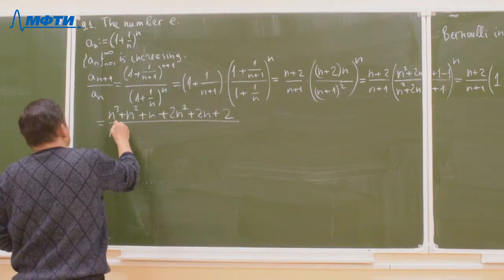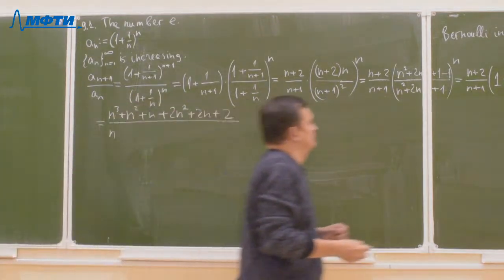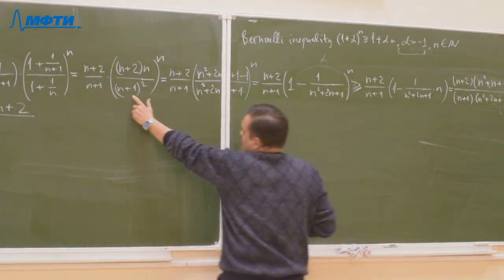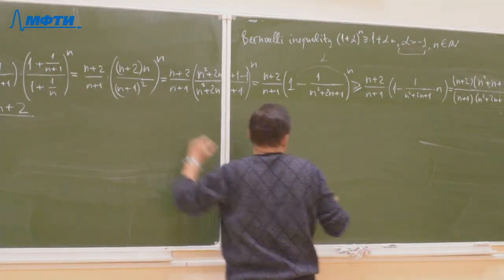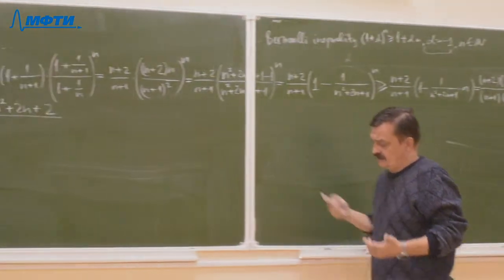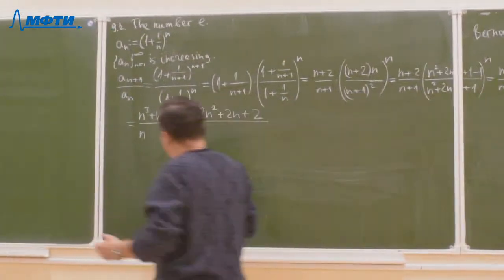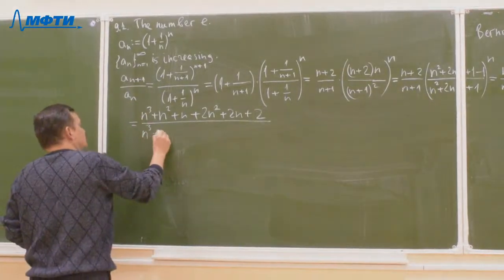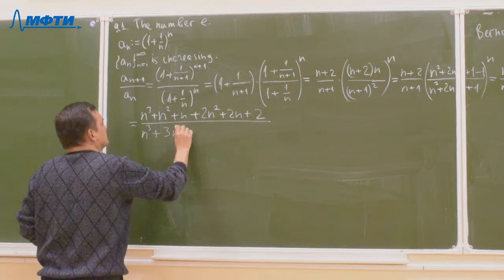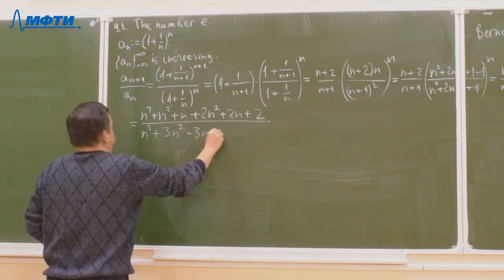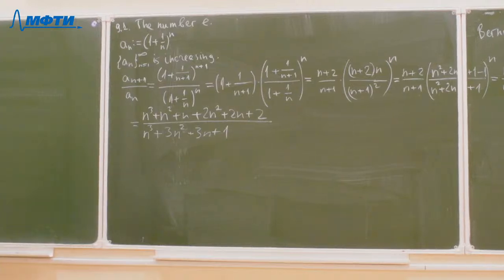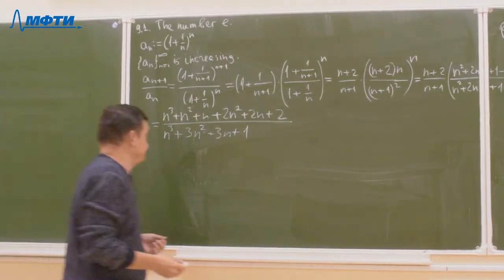and in fact this is, look, what is n squared plus 2n plus 1? That was (n plus 1) squared. So we multiplied (n plus 1) squared times (n plus 1), that is (n plus 1) cubed. So I'll use the formula for the cube, and that is n cubed plus 3n squared plus 3n plus 1.